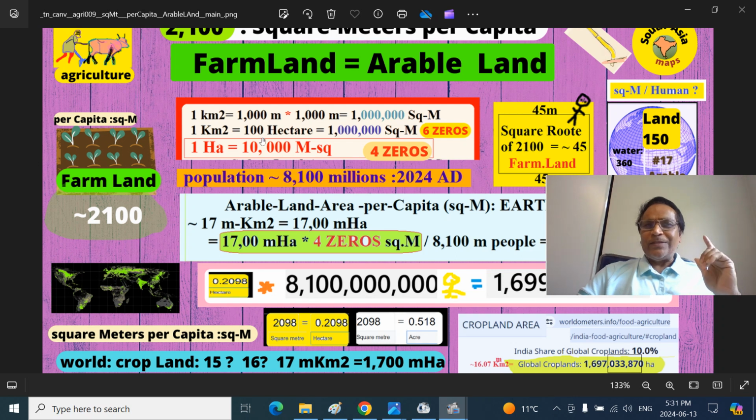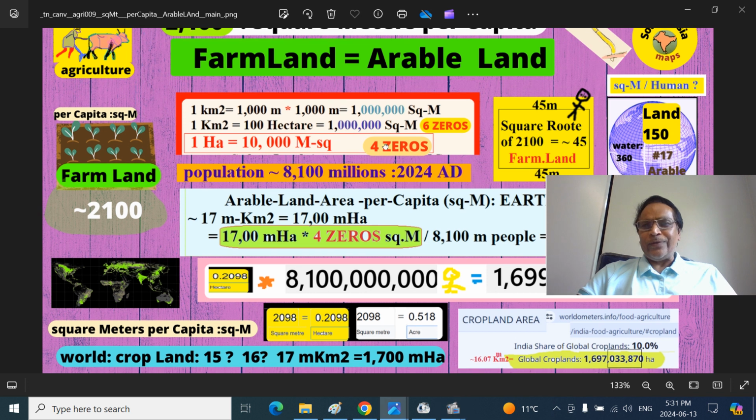Because 1 square kilometer is 100 hectares, take away 2 zeros, you get 4 zeros. 1 hectare, always remember 4 zeros next to that. 1 square kilometer, remember 6 zeros, all in square meters. Hectare converted into square meters, square kilometer converted into square meters. 6 zeros, 4 zeros is very intuitive.